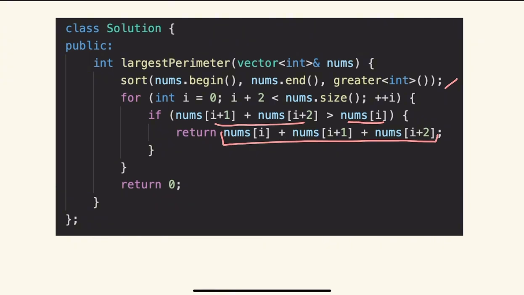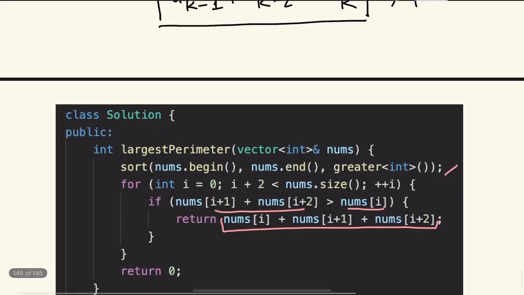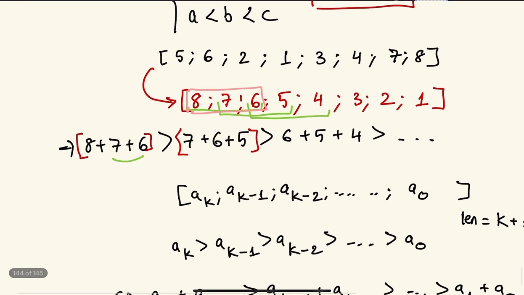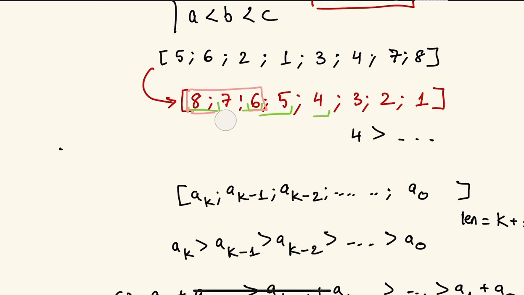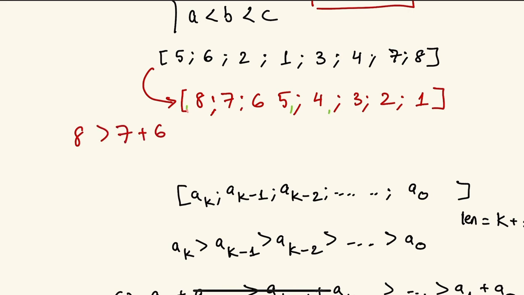Many of you would ask why I'm going to check the triplets and the window size. Say 8, 7, 6 again. First of all, I check 8, 7, 6, I mean, whether 8 is bigger than 6 plus 7.